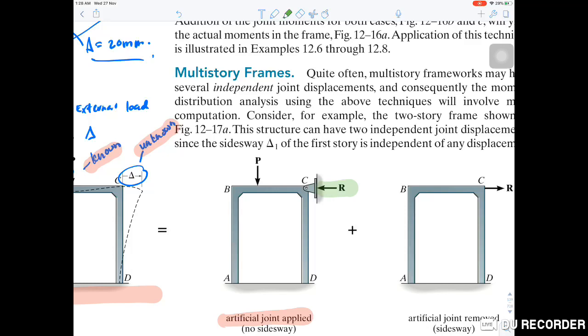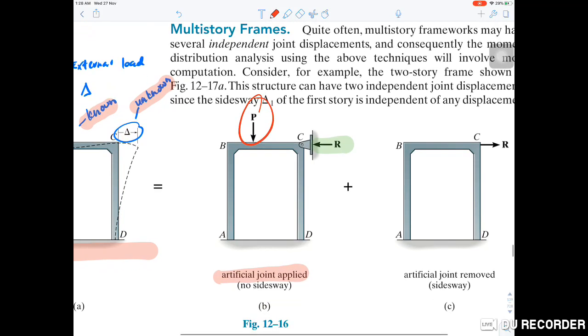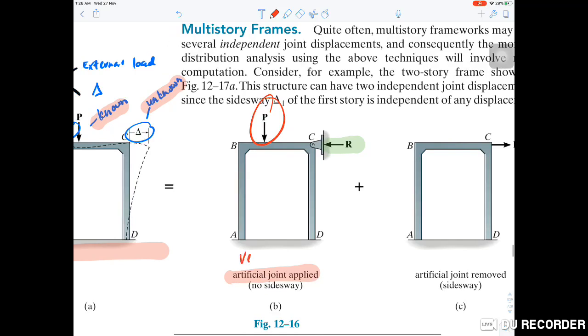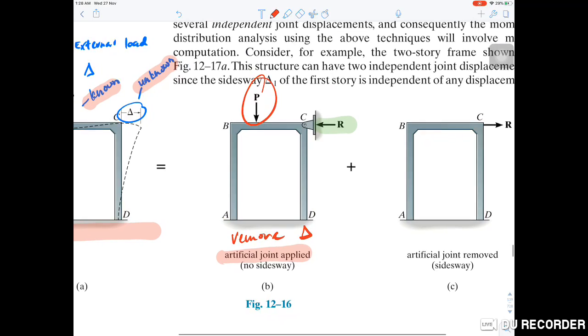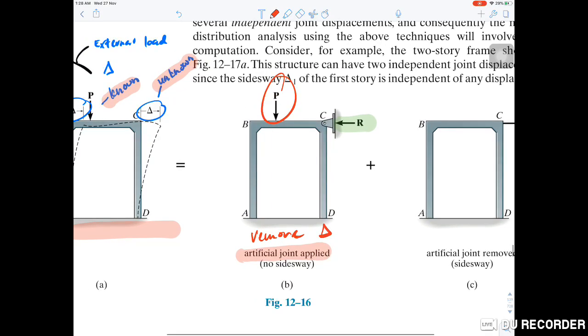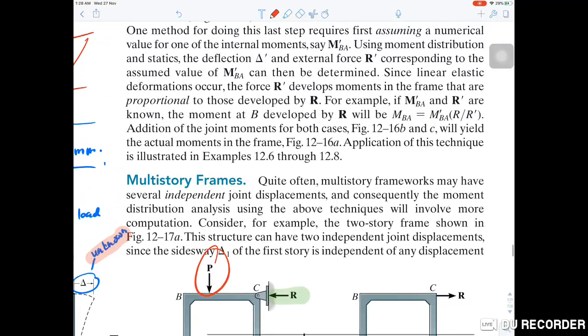By having this, we can calculate the FEM due to external load only. We remove delta, so we can analyze FEM due to external load only.